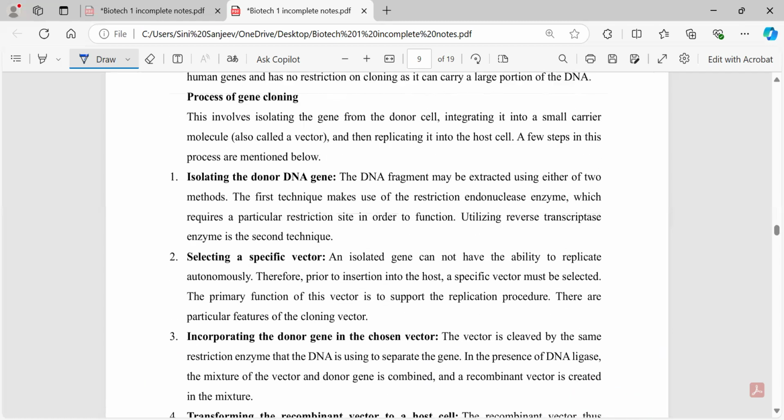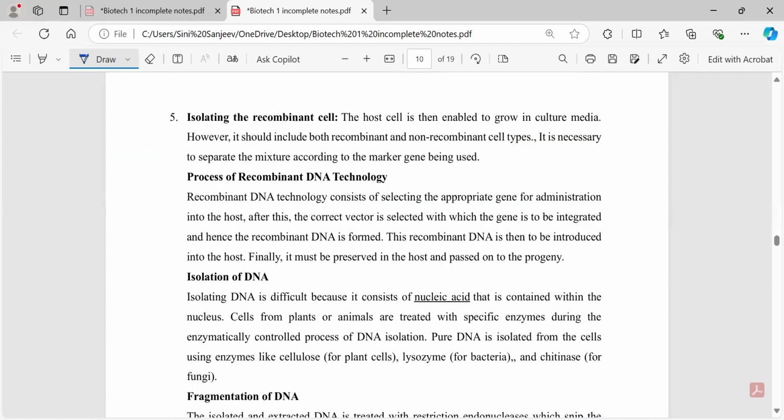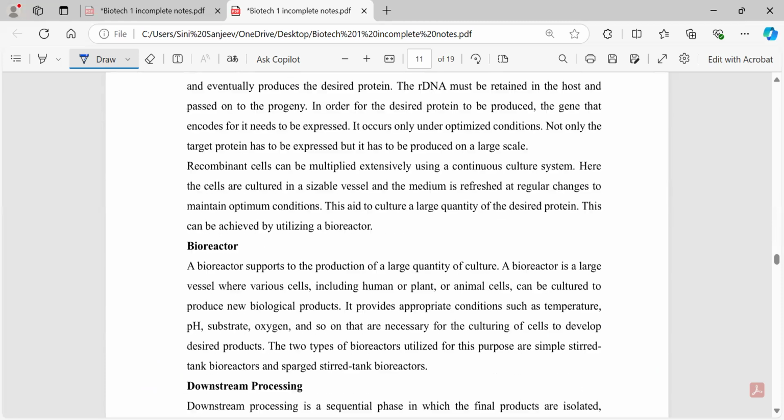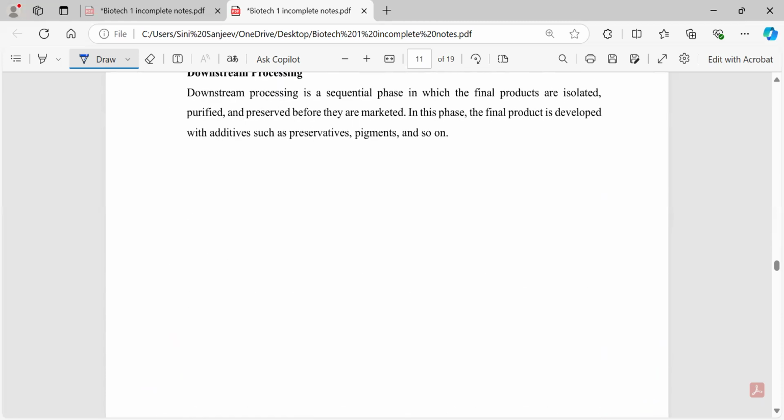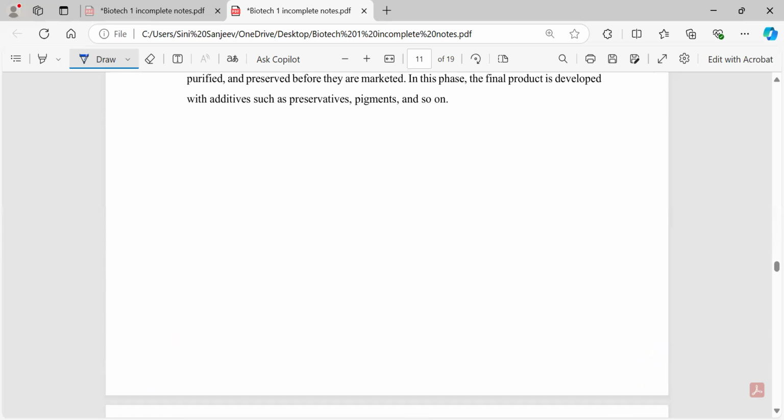Next is the process of gene cloning. Before going to the process of gene cloning, there is one more thing, which is called a competent host.